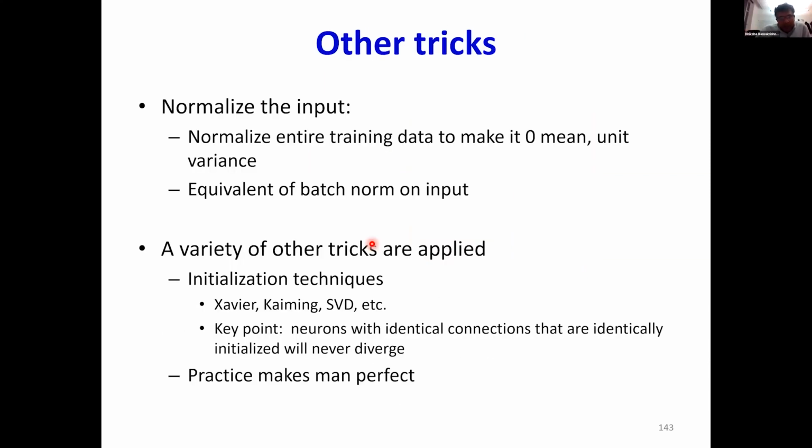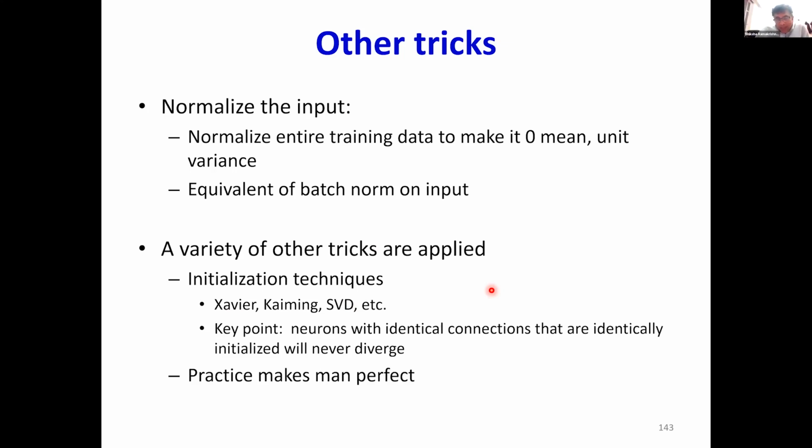And there are other tricks. You normalize the input. You normalize the entire training data to make it zero mean unit variance. This is like batch norm on the input. You can play around with the initialization tricks. If you don't initialize your model properly, often it won't converge. And so many different initialization methods have been proposed, like Xavier, He, singular value decomposition, and so on.